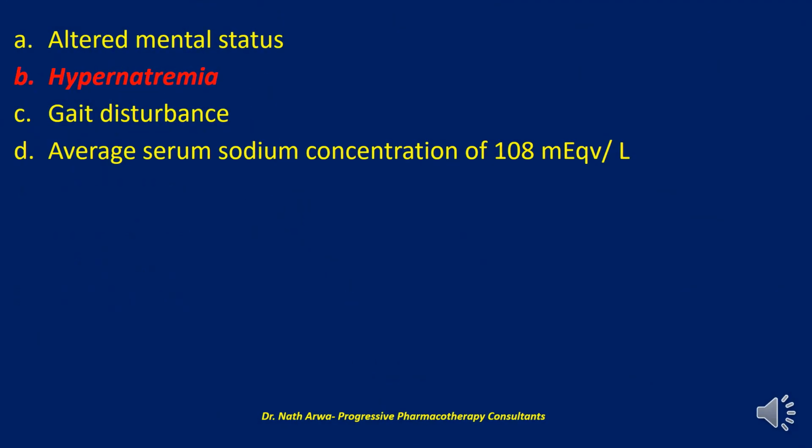So I would settle for hypernatremia. Now, beer potomania is a unique syndrome of hyponatremia which usually manifests with altered mental status, weakness, and gait disturbance, with an average serum sodium concentration of 108 milliequivalents per liter. Other abnormal results consistent with this diagnosis include hypokalaemia with a mean potassium of around 3 and a low BUN and urine sodium levels.